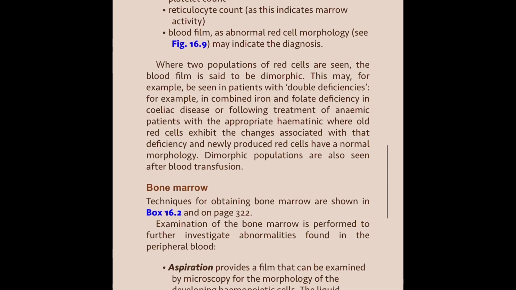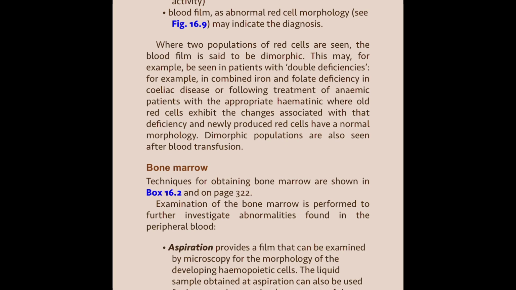Bone marrow. Techniques for obtaining bone marrow are shown in Box 16.2 and on page 322. Examination of the bone marrow is performed to further investigate abnormalities found in the peripheral blood.